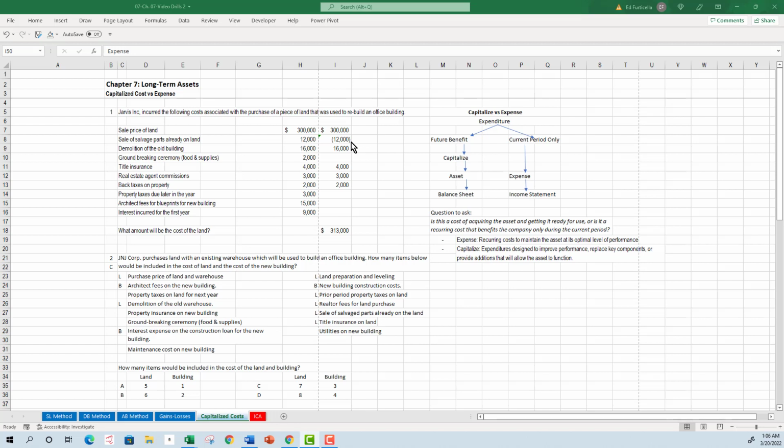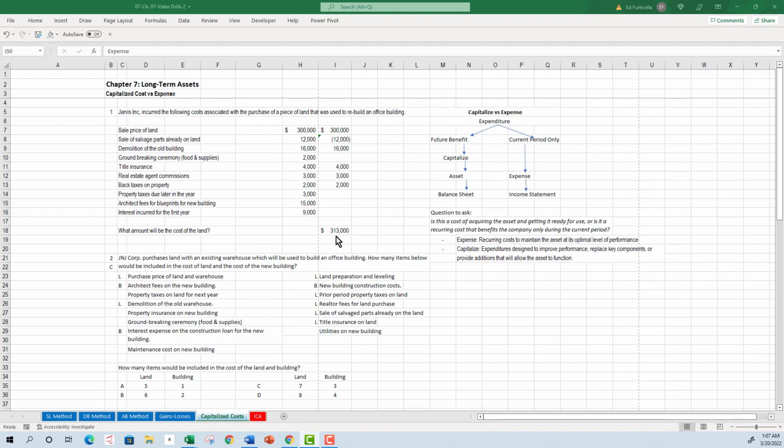The demolition of an old building gets capitalized. Title insurance, real estate commissions, back taxes on properties. Back taxes on properties are real estate taxes from prior periods that we owe. If we have to pay those, we capitalize them. The total of those capitalized expenditures is $313,000.